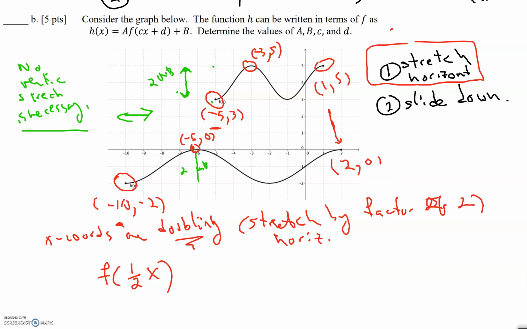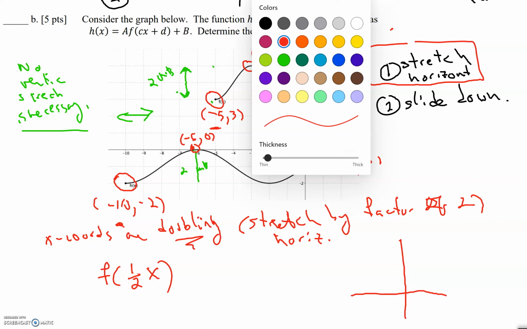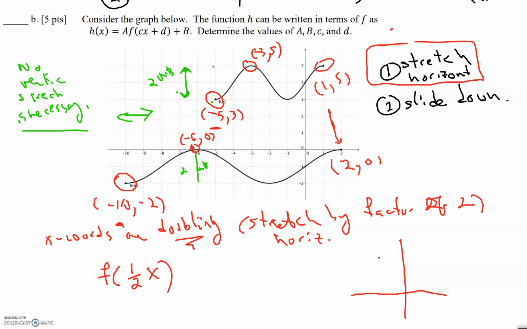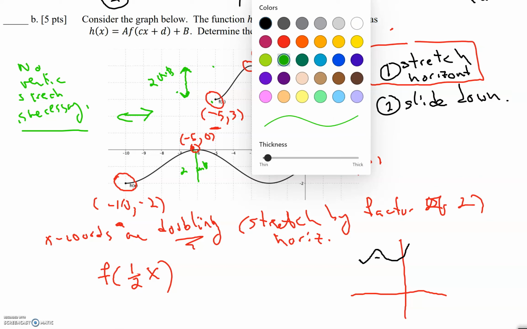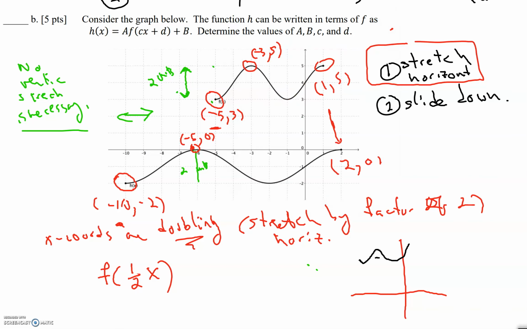I know my picture is pretty messy right now, but let's sketch this briefly. That would take my original graph, which looked like that, and it would stretch it out so that it looks more like that. I'm doing a terrible job of drawing this. It'd be at the same height though.